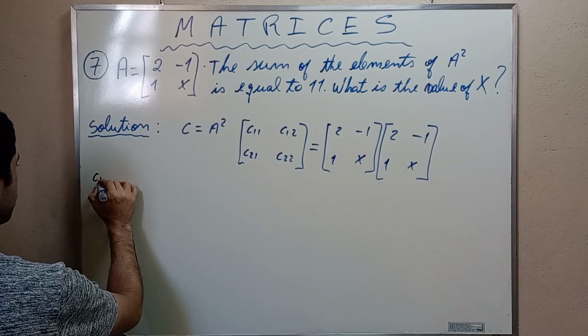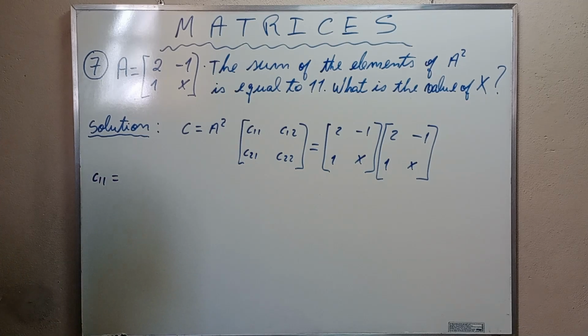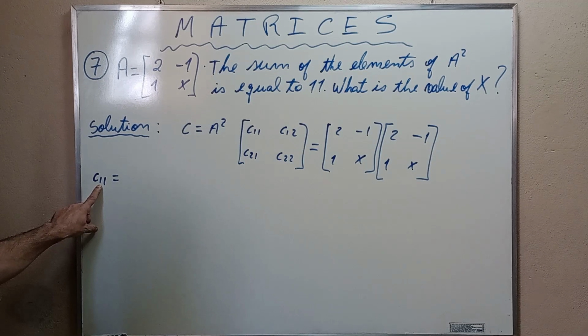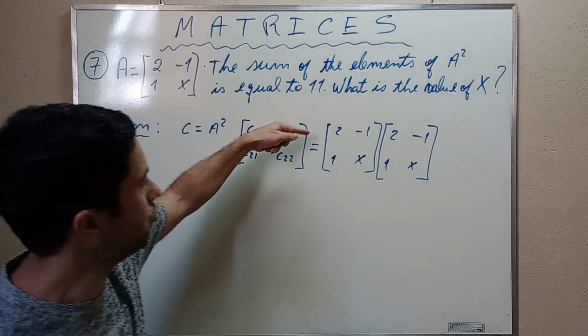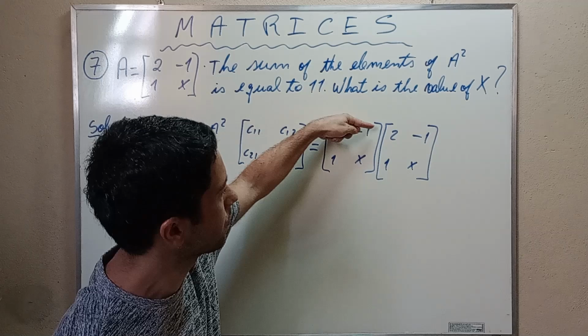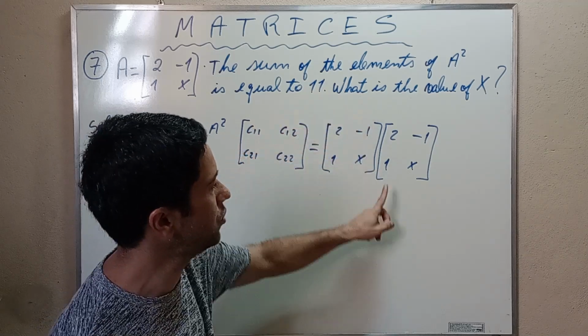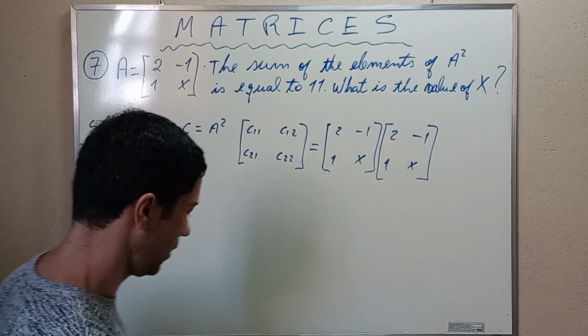C11 is going to be obtained from the multiplication of the first row of the first matrix with the first column of the second matrix. Okay? This row here times this column here. Okay?